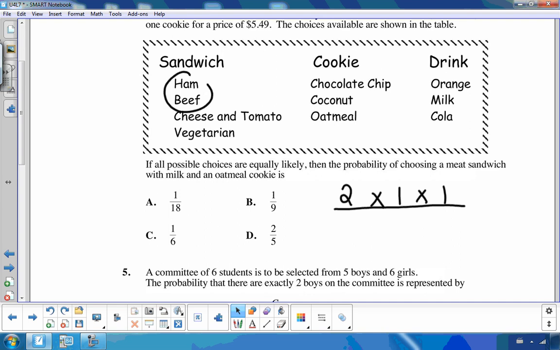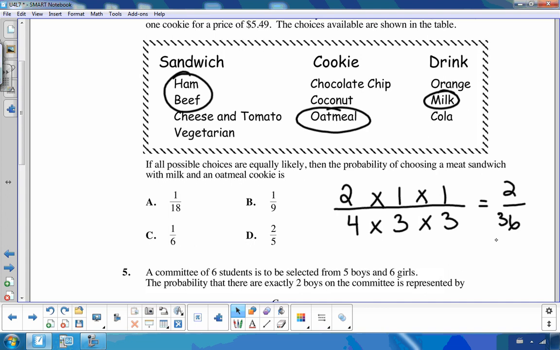Those are all the choices out of the total. So the total is 4 sandwiches times 3 cookie choices times 3 drink choices. So that will be 2/36, which in lowest terms is 1/18.